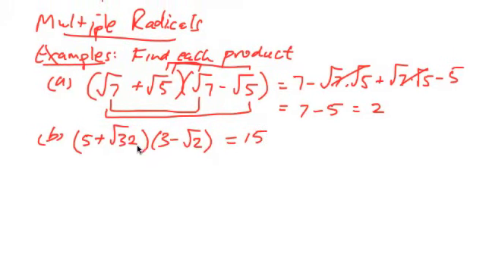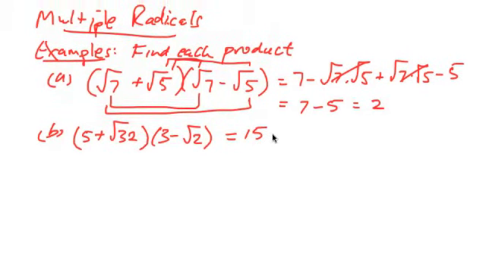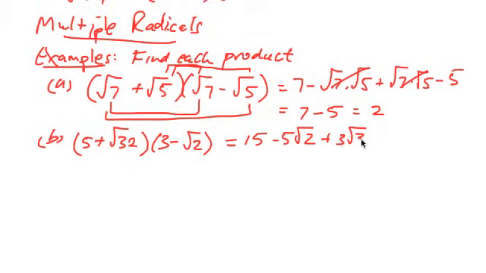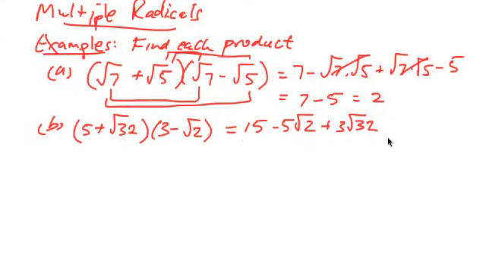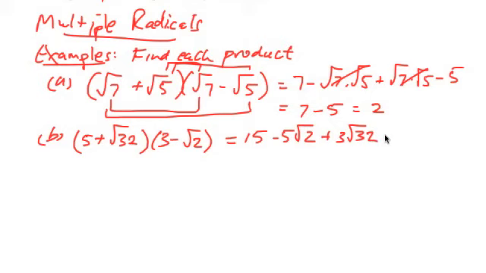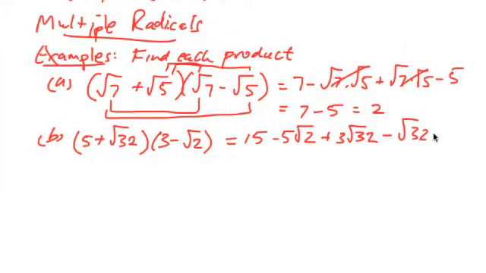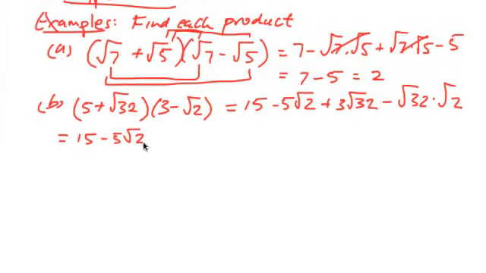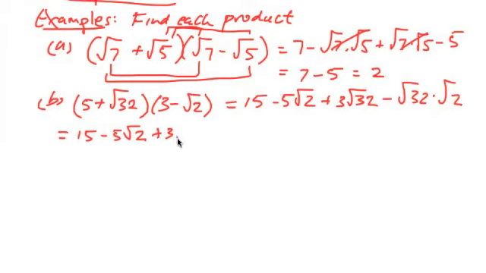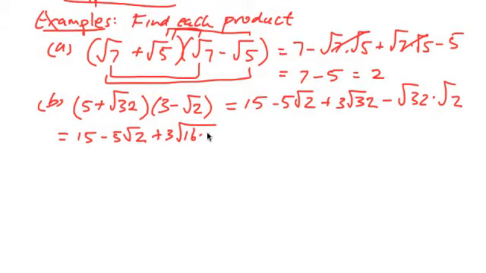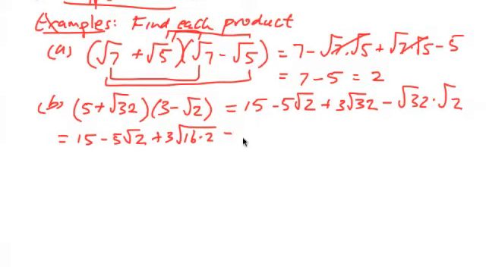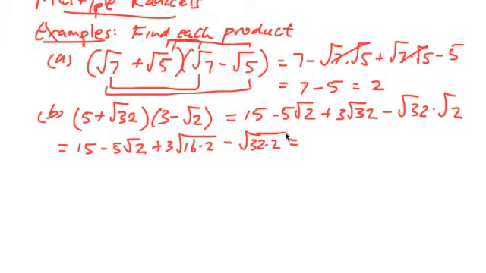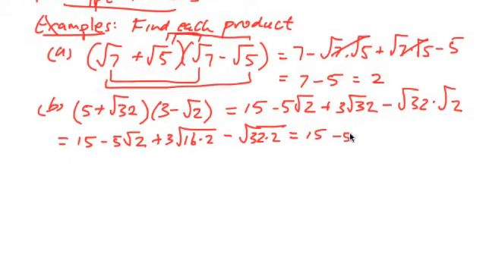5 3s are 15. 5 times negative root 2 is negative 5 root 2. Inside here we get 3 square root of 32. And square root of 32 times negative root 2 is negative square root of 32 by the square root of 2. So this becomes 15 minus 5 the square root of 2, plus 3 by the square root of 16 by 2, minus, of course, the square root of 32 times 2.